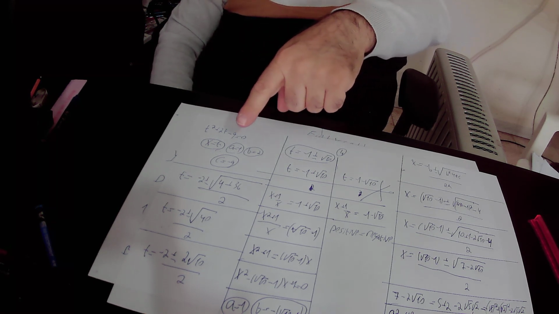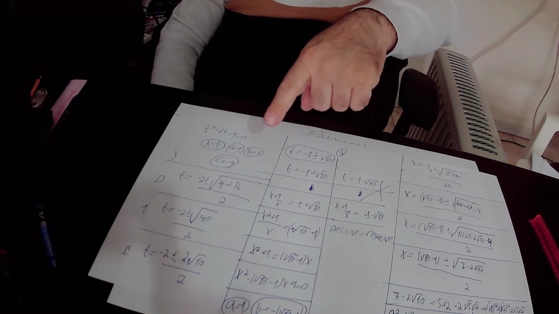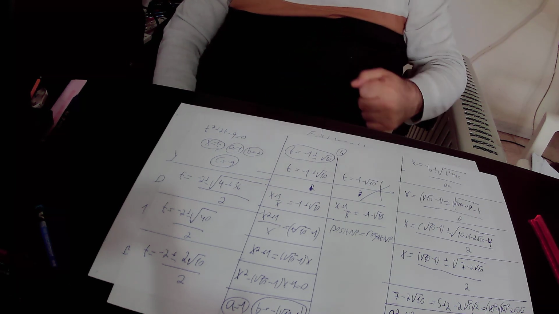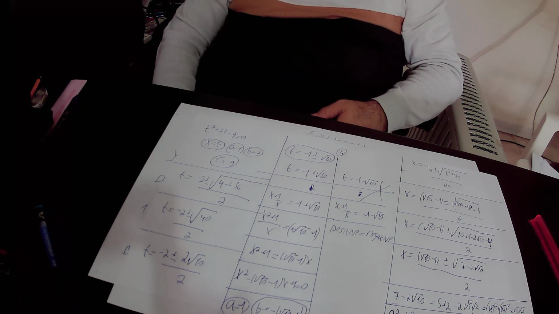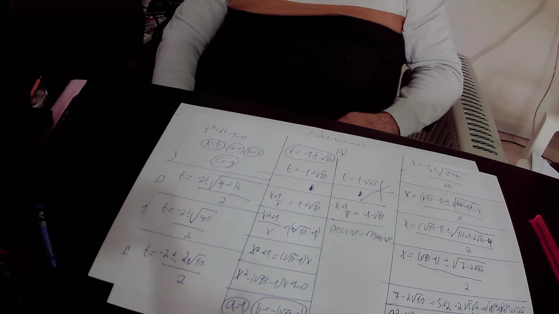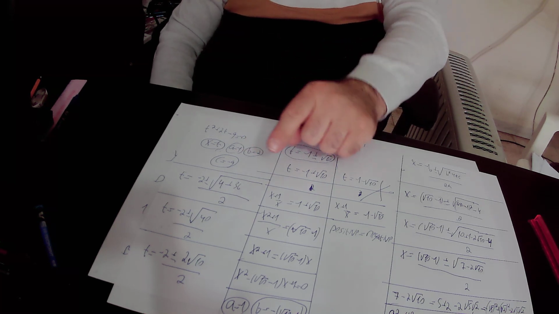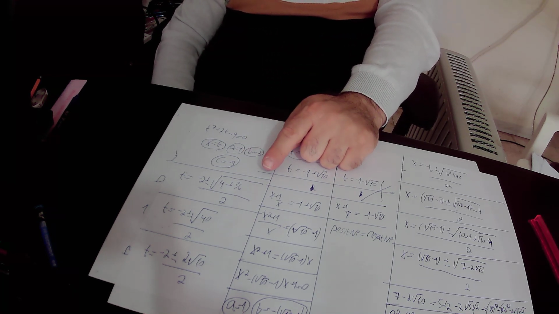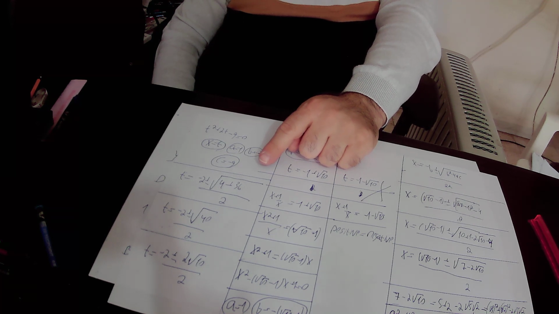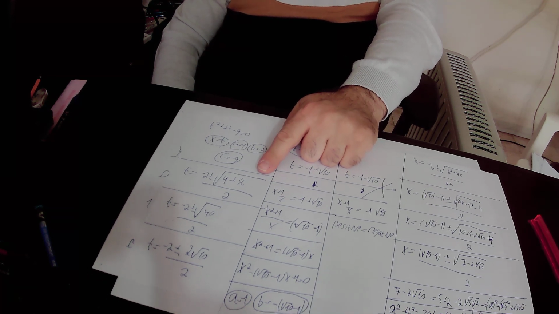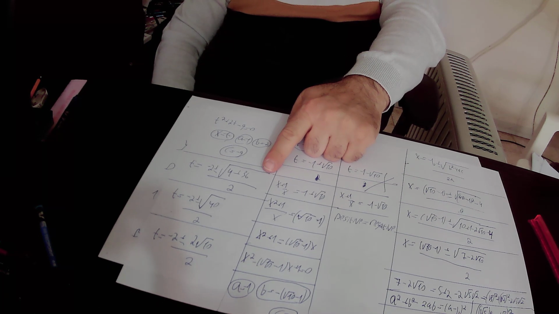So we get here that t equals minus b, b equals 2, so minus b is minus 2, plus or minus the square root of b squared, b is 2, so b squared is 4, minus 4 times a times c, it is actually minus 4 times minus 9, that is 36, over 2.